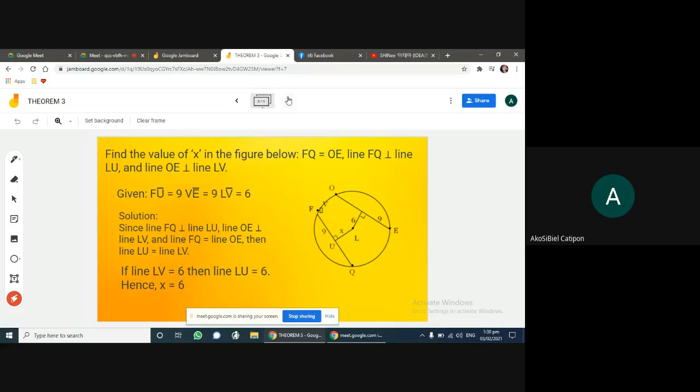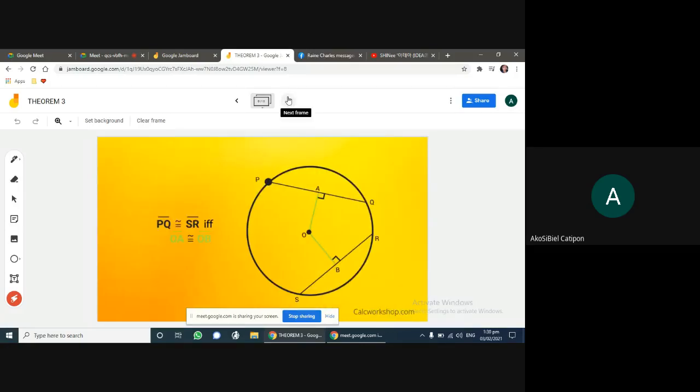Another example for theorem 3.3. Let's say that the given here is chord PQ is equal to 6, AO is equal to 3, and BO is equal to 3, and the unknown is RS.